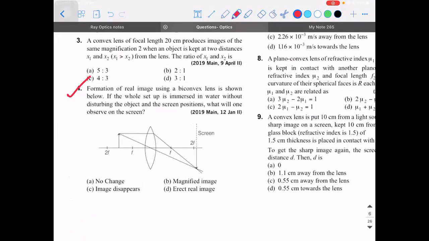Formation of real image using a biconvex lens is as shown in the figure. If the whole setup is immersed in water without disturbing the object and the screen position, what will one observe on the screen?